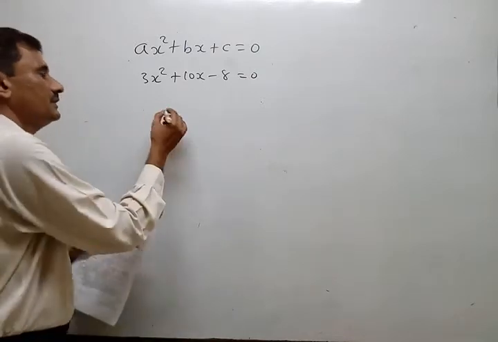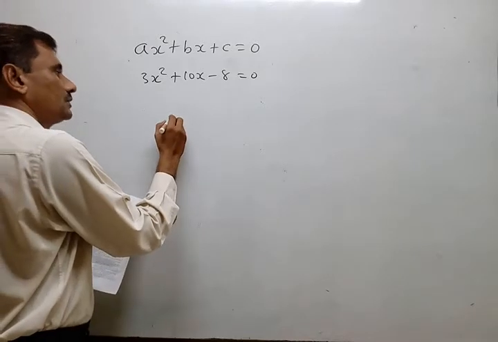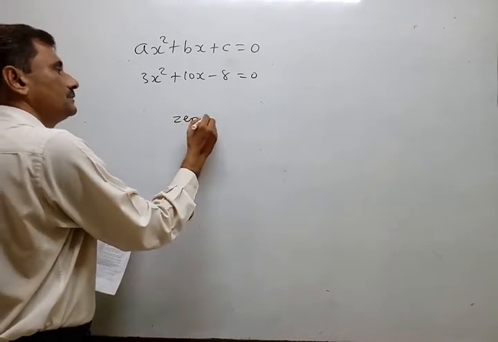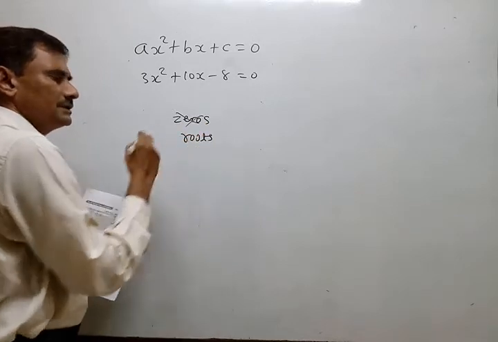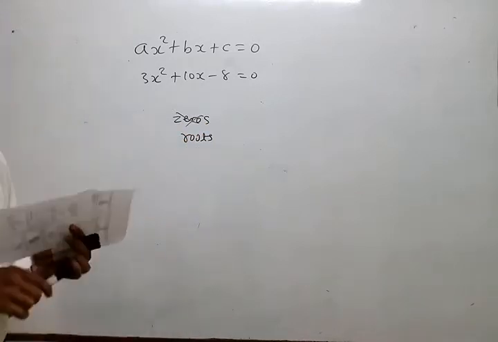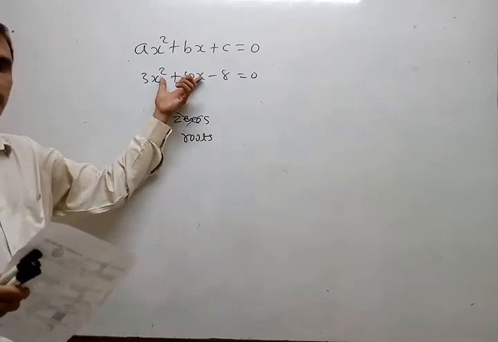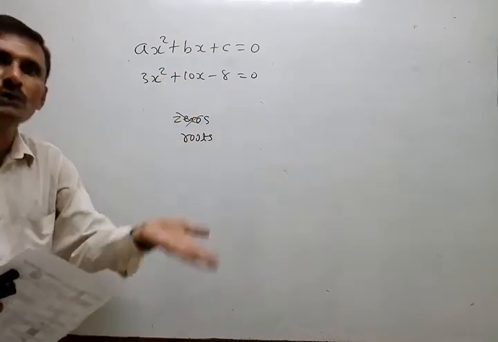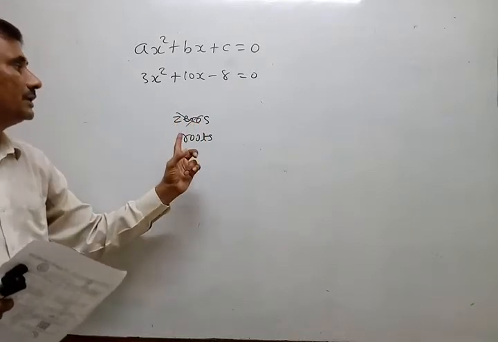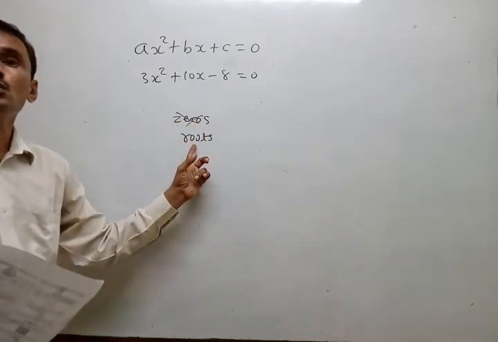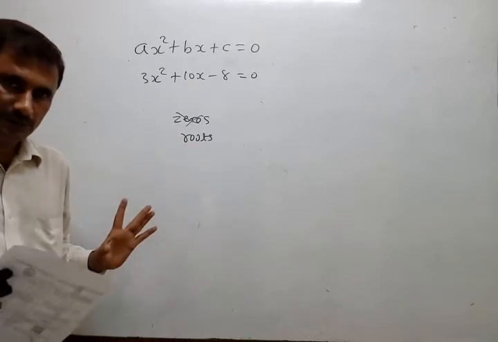And value of x we called zeros. Now instead of zeros we will use roots. Both are synonyms. By solving the given equation, whatever value of x you obtain, that is called zeros there in lesson number 2. Here it will be called roots. Both are same here.